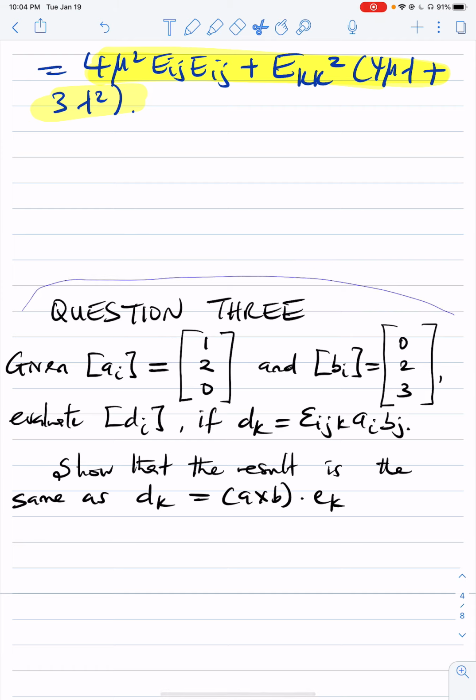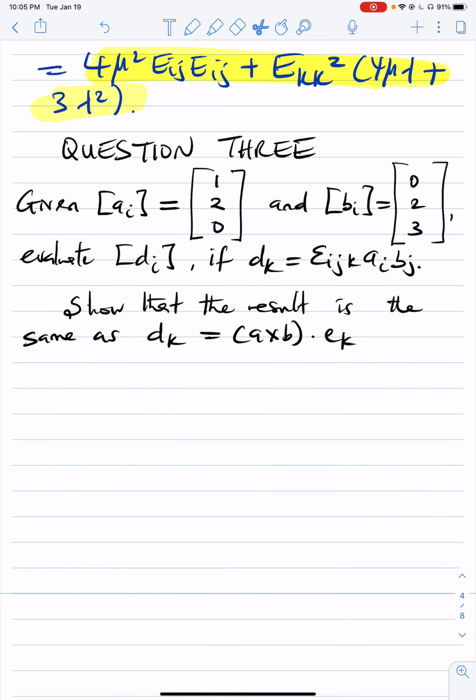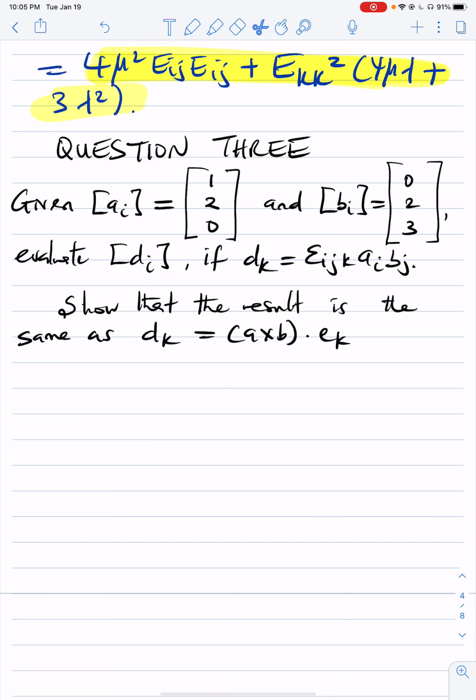So we're going to be solving question 3 this time. So I'm just trying to remove this up a little. All right. So for question 3, given a, that's a vector, and b, another vector, evaluate this.